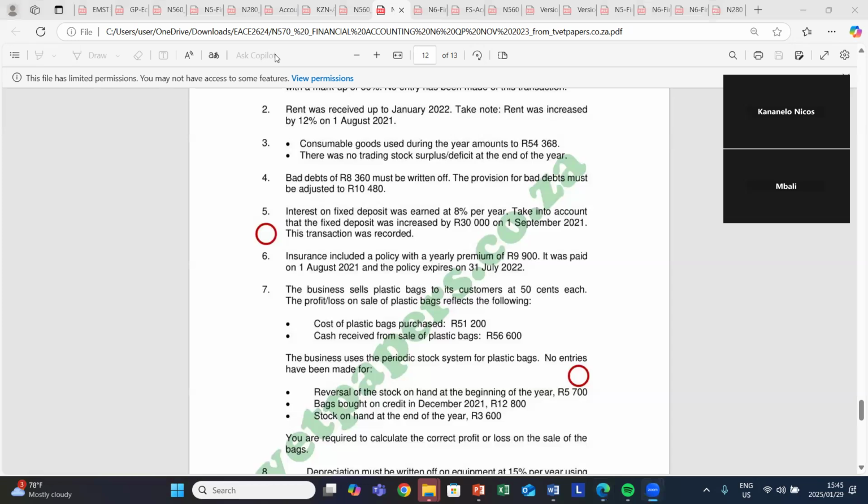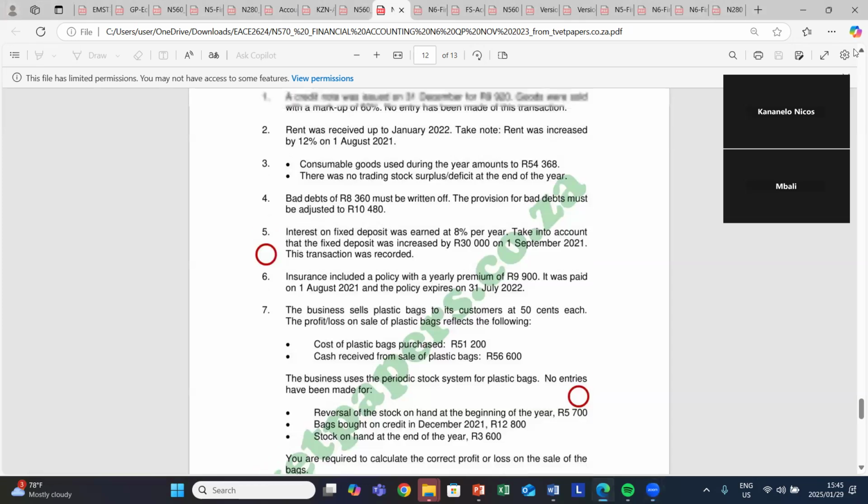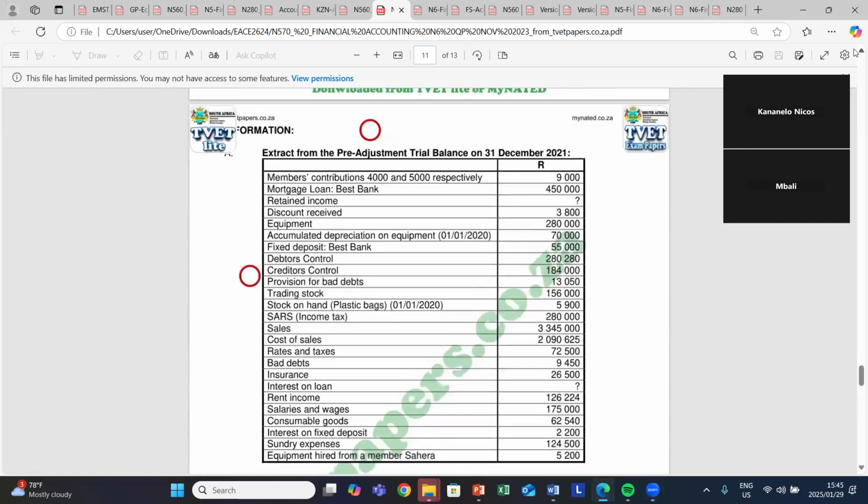Should I scroll up for you? Okay, let me scroll up so that we can check the amount in your trial balance.